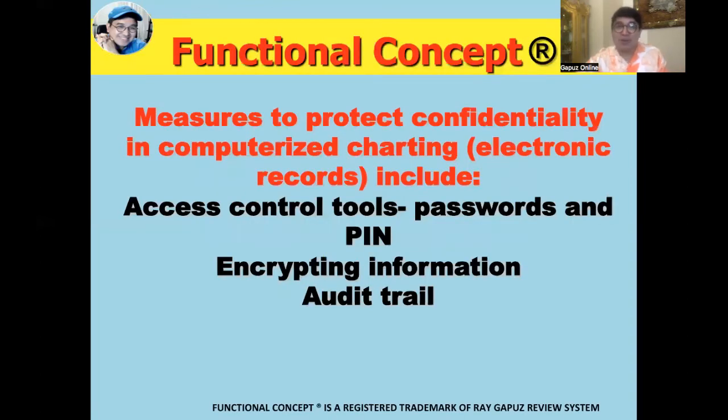So measures to protect confidentiality in computerized charting or electronic records include the presence of access control tools like passwords, which you need to replace every so often, especially if there has been undue exposure of your passwords, your personal identification number, encrypting information, which really protects the patient's data, because only when a software that reads the encryption is used, that's the only time that the data could be properly accessed.